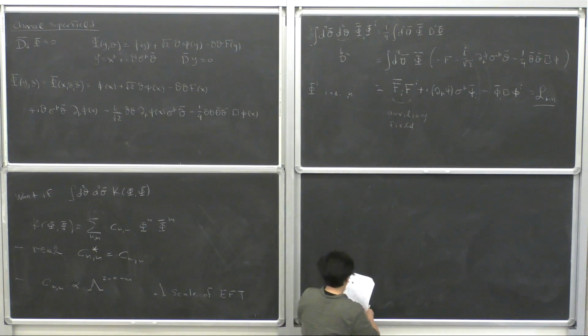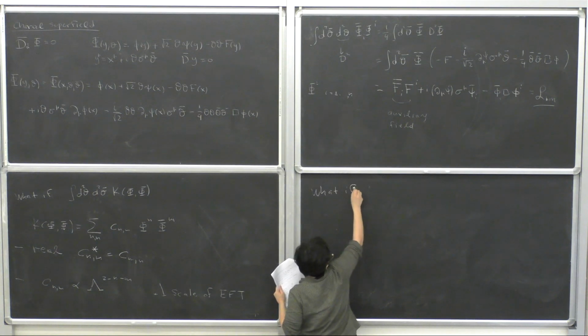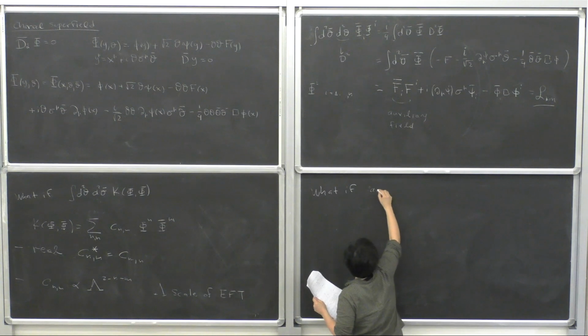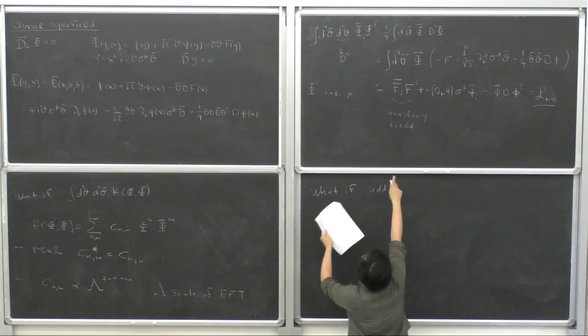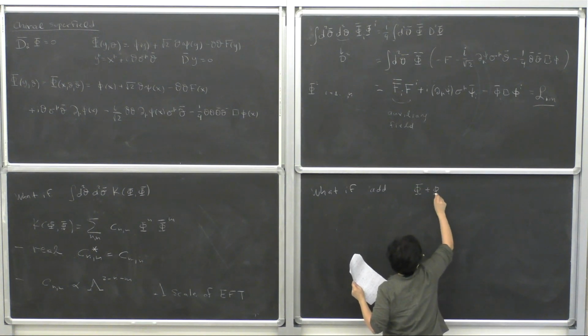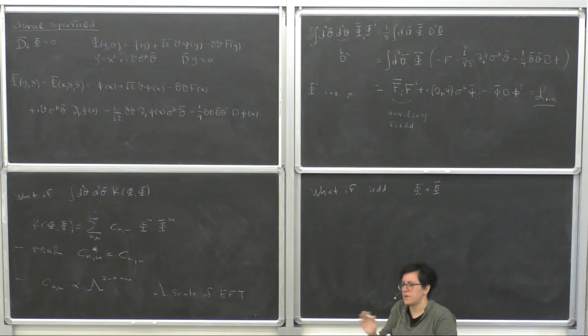Now another little thing. What if I add to my Lagrangian here phi plus phi bar? Now linear. What if I add this? What happens? First of all, phi plus phi bar is very nice, real.